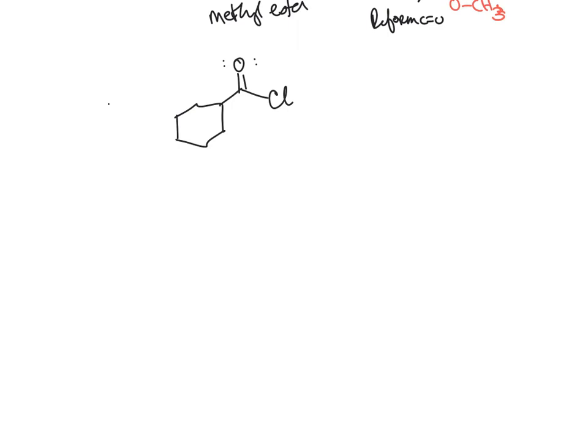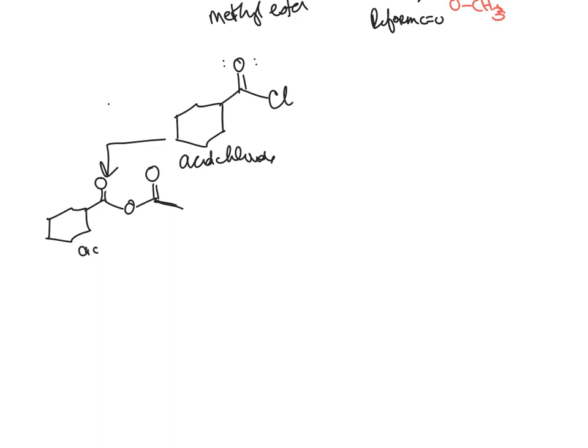And an acid chloride can go to an acid anhydride, which is your second most reactive carboxylic acid derivative that there is. And we'll just make this maybe just a methyl group there. So this is an acid anhydride.